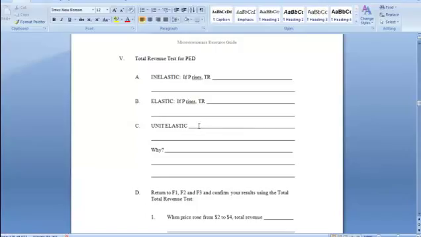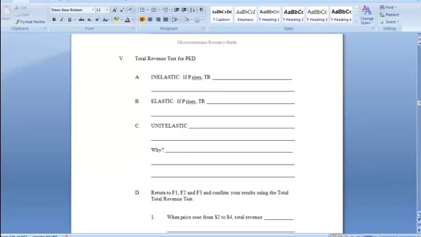If price rises or falls, total revenue does not change. The reason is that when the price rises or falls, the percentage change in quantity is exactly the same, and it offsets any price change. So they cancel each other out.